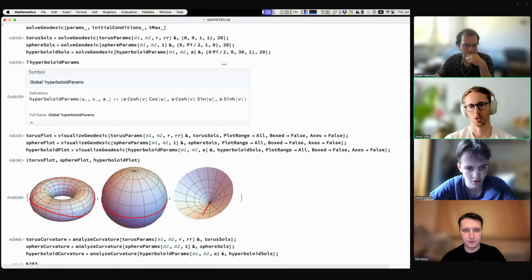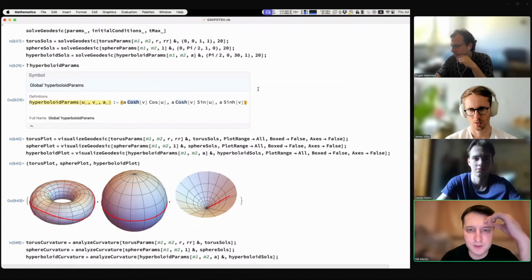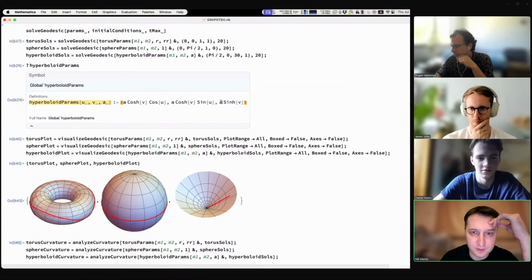What does cos stand for? Oh, it's the cos h. Cosine h, cosine... No, that's hyperbolic ones. Oh, yeah. So A is like a radius. Right, it's 1. It's just U and V.